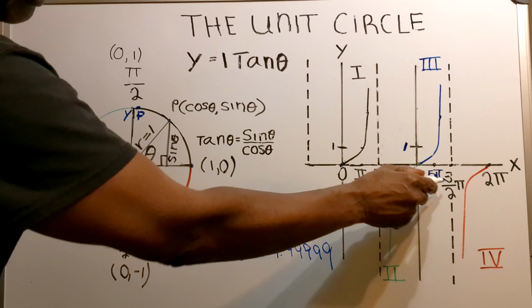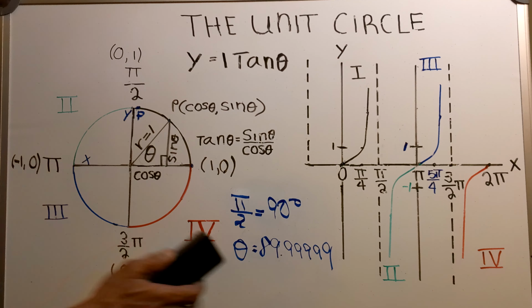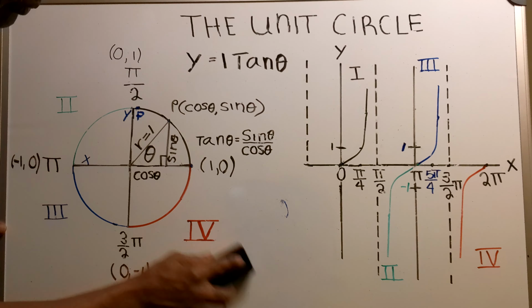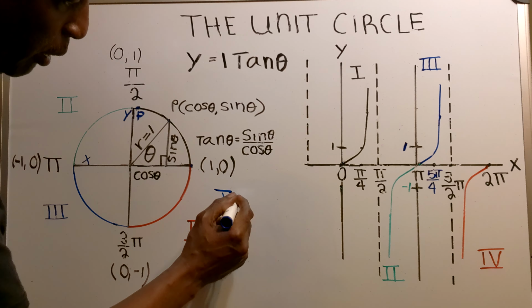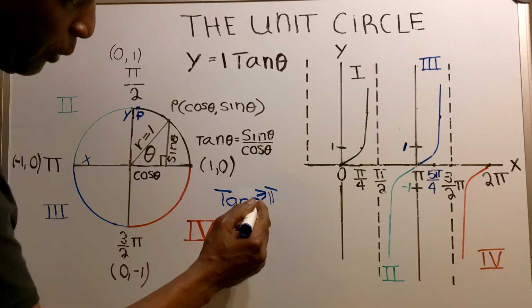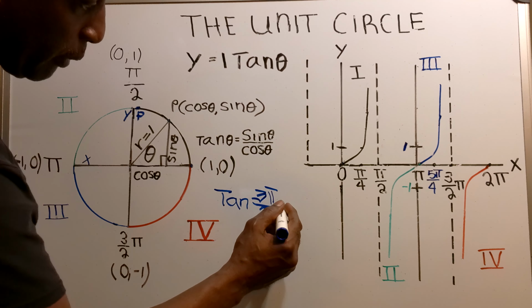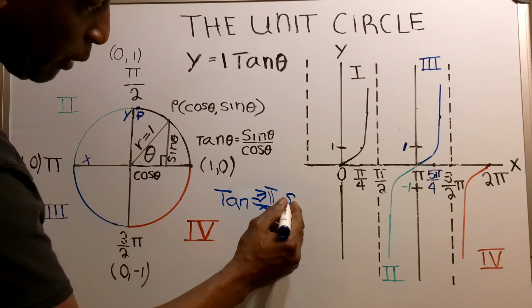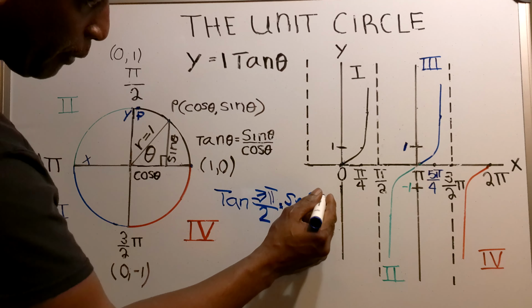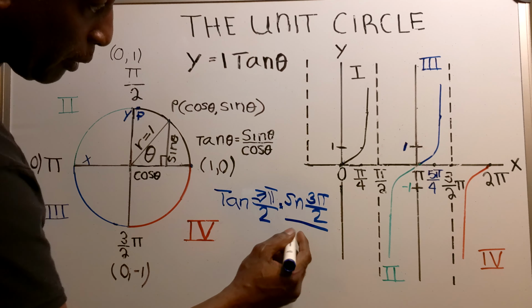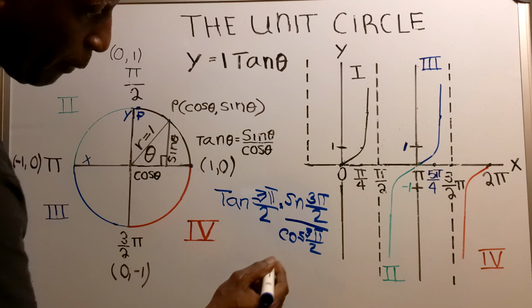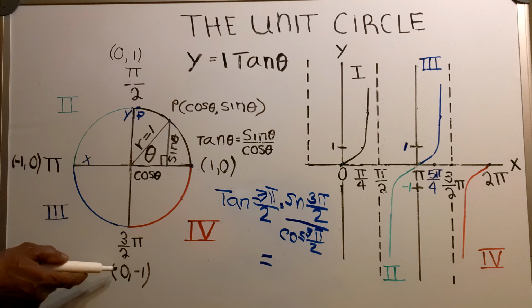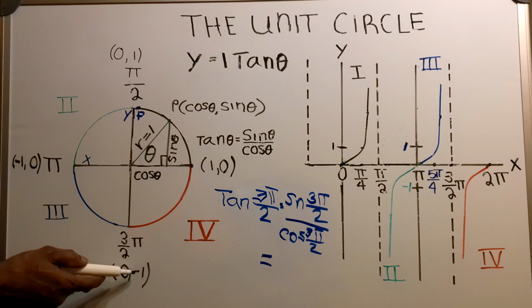Now it's the same thing right here at 3 pi over 2. Tangent 3 pi over 2 equals sine 3 pi over 2 over cosine 3 pi over 2, and here you can see that the cosine of 3 pi over 2 equals 0, and the sine of 3 pi over 2 equals -1.